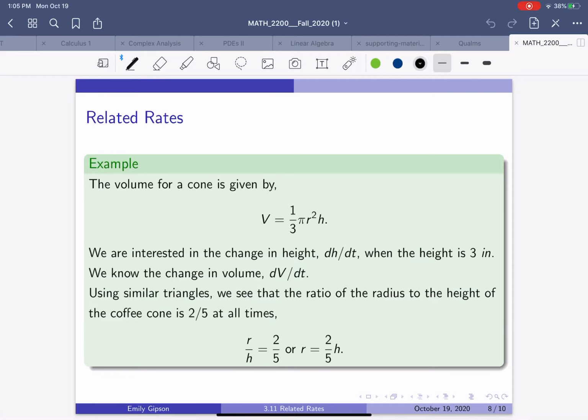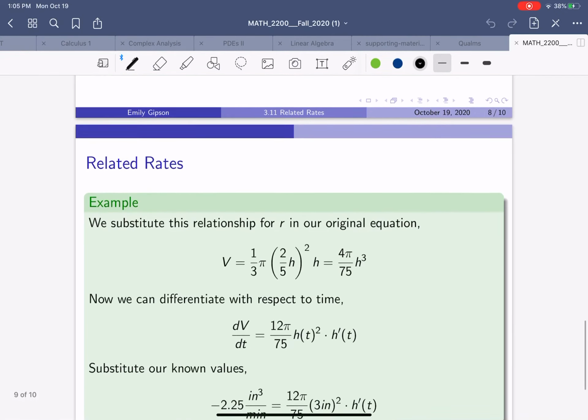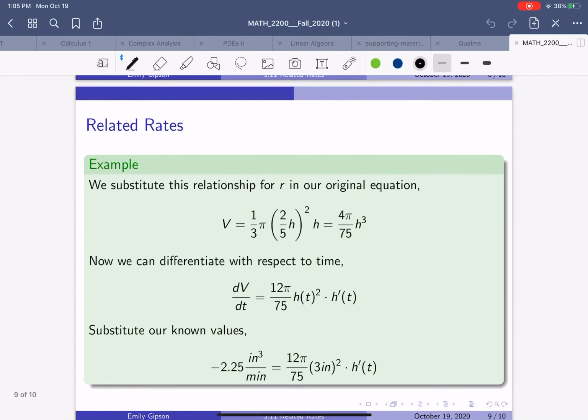So now we've got a second equation. We've got volume equals 1/3 pi r squared h, and we've got r equals 2/5 h. So what we're going to do is substitute our relationship for r into our original equation. So we sub in 2/5 h into r squared, and we get that volume is equal to 4 pi over 75 h cubed.